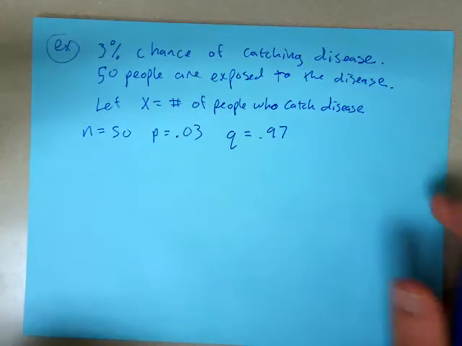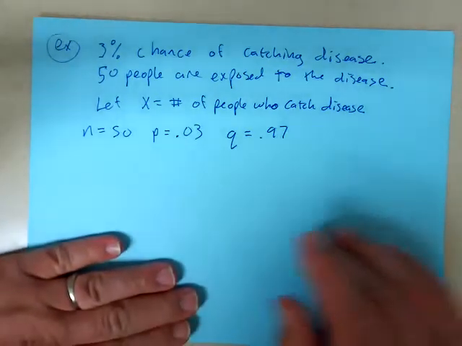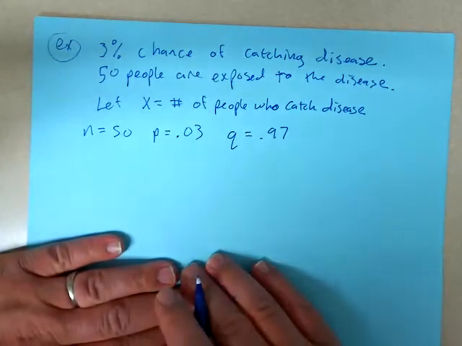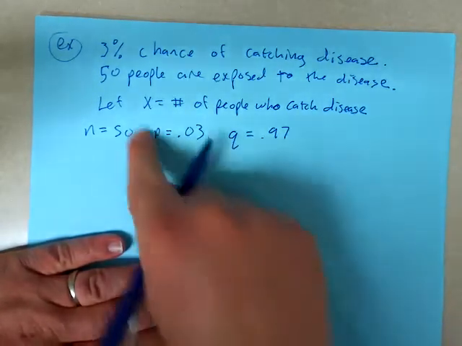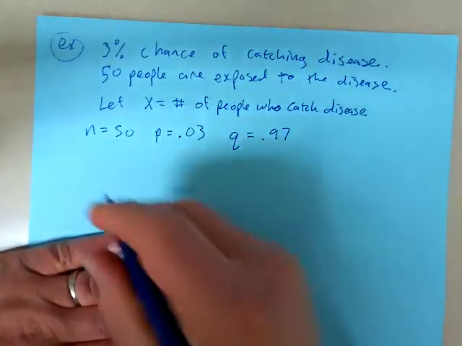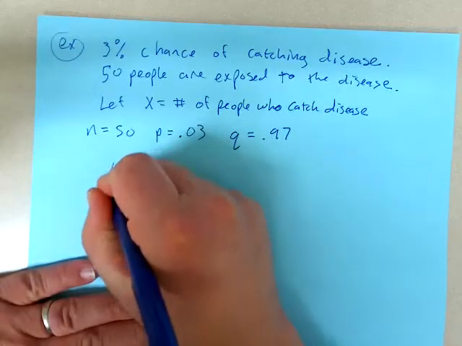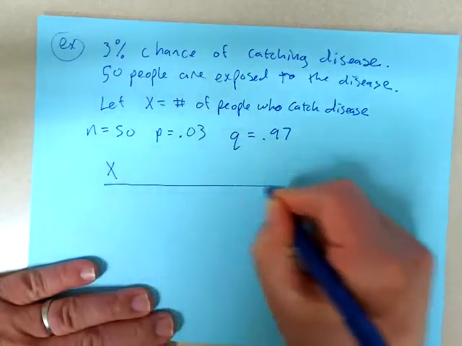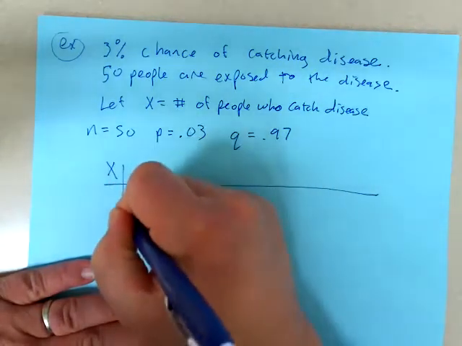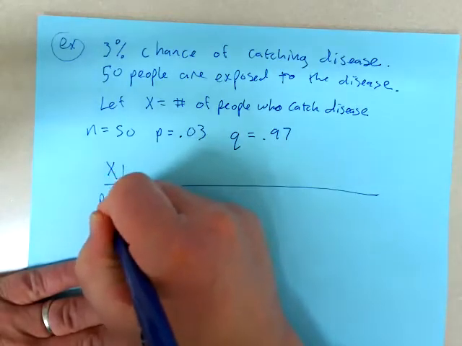Okay, so now what I want to do at this point is I want to really emphasize the fact that x is a random variable, and as such, you could make a table with the possible values for x.